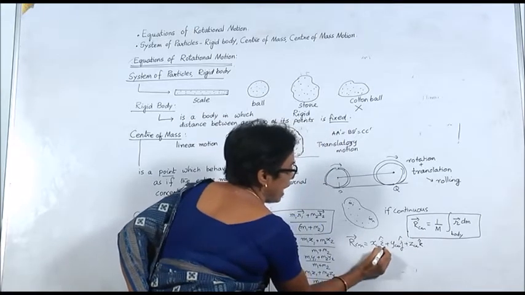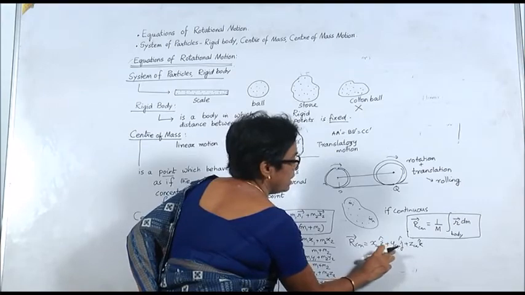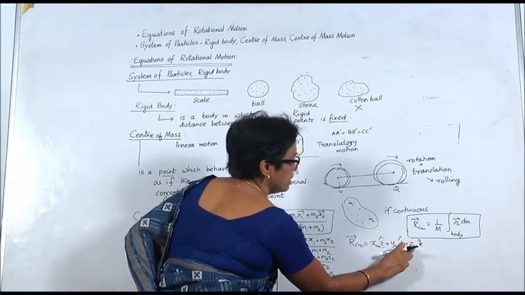You have read that i cap is the unit vector along the x axis, j cap is the unit vector along the y axis, and k cap is the unit vector along the z axis.